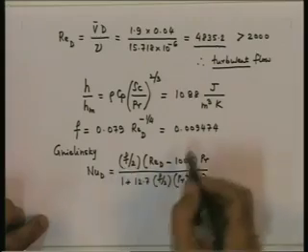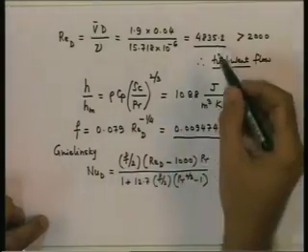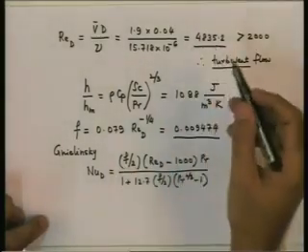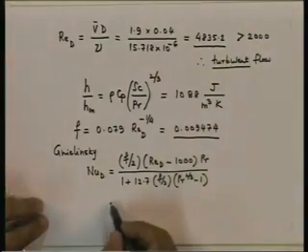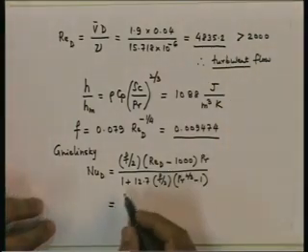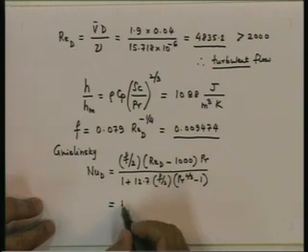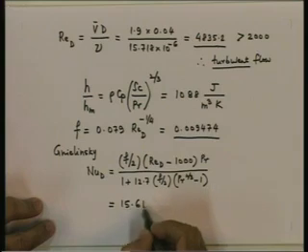We know the friction factor, we know the Reynolds number, we have already read off the Prandtl number. So, if you substitute it here, you will get the Nusselt number to be 15.618.